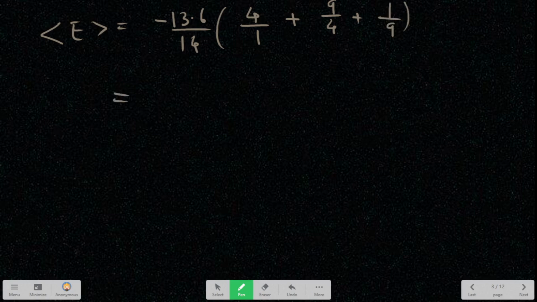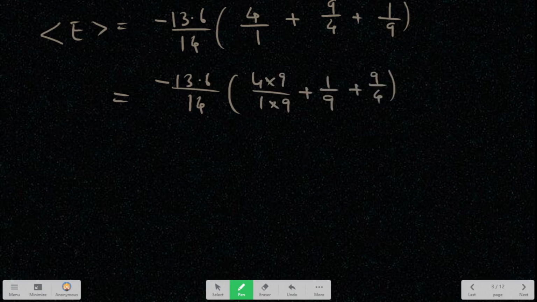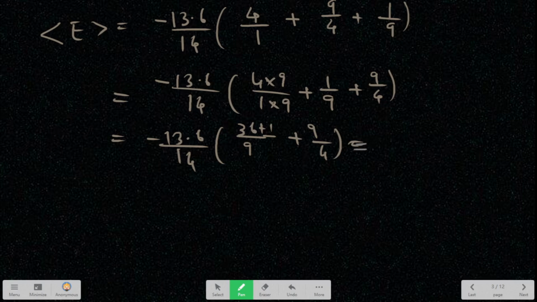Which is equal to minus 13.6 by 14 times, 4 into 9 divided by 1 into 9 plus 1 by 9 plus 9 by 4, which is equal to minus 13.6 divided by 14 into 36 by 9, 36 plus 1 by 9 plus 9 by 4, which is equal to minus 13.6 by 14 times 37 into 4 plus 81, which is 229, divided by 14 into 36, which is 504.